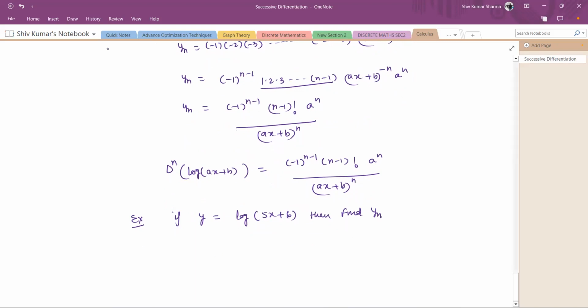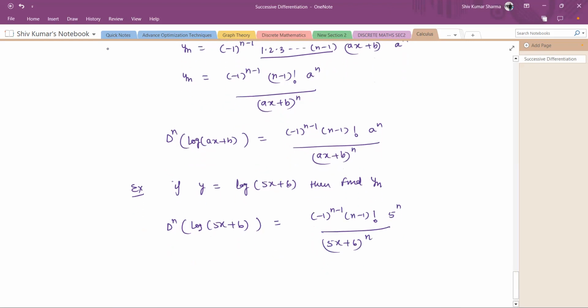So the nth derivative of log 5x plus 6 is equal to minus 1 raised to the power n minus 1, n minus 1 factorial, and here a is equal to 5, so 5 raised to the power n upon 5x plus 6 raised to the power n.